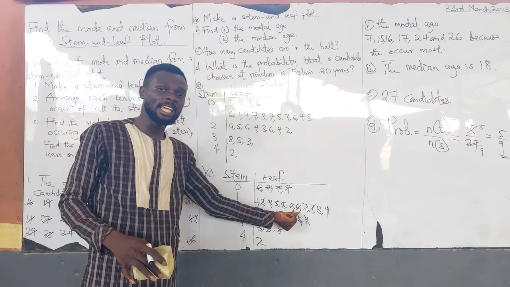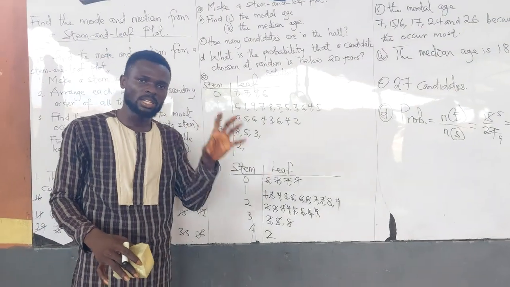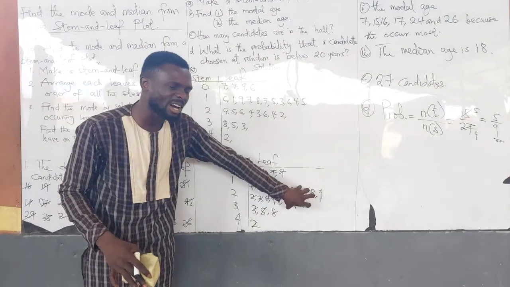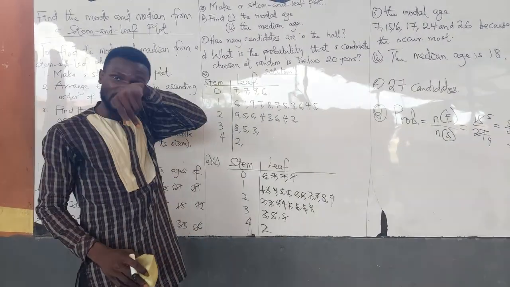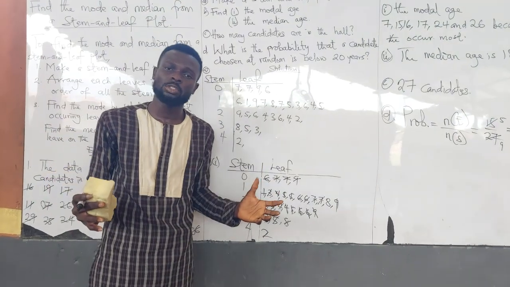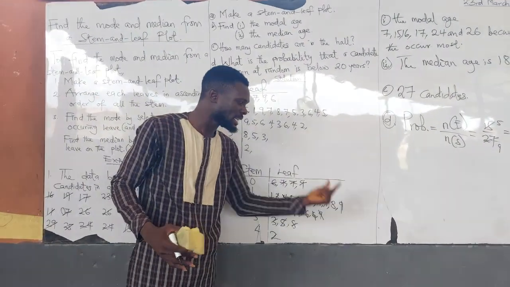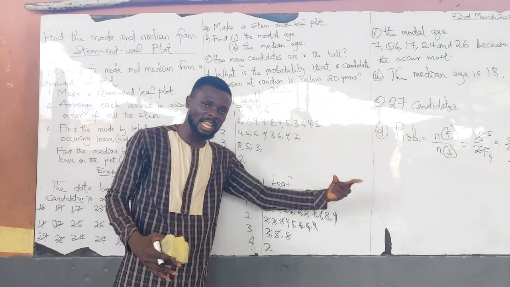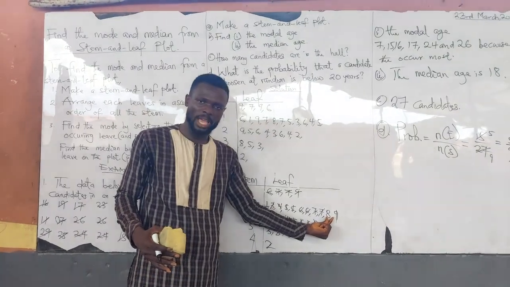Don't pick only the leaf, but pick it with its stem along. With the median, we just fish out the middle value by crossing out to get the middle value, and that gives you the median. With this question, the median is only one digit. So you pick the 8, which is the leaf, and its stem, which is 1, giving you 18.